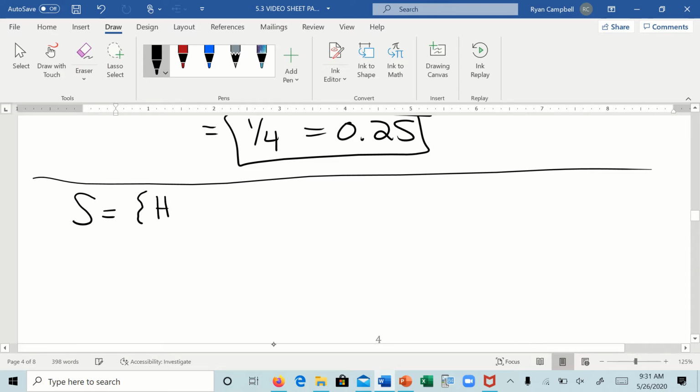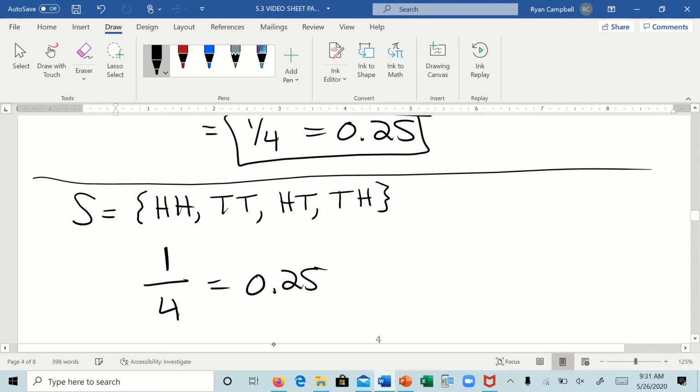Both of them could be heads. Both of them could be tails. The first one could be heads and the second one could be tails. Or the first one could be tails and the second one could be heads. And those are the only ways. So what's the probability of getting both heads? Well, we see it's 1 out of a total of 4, which is 0.25.